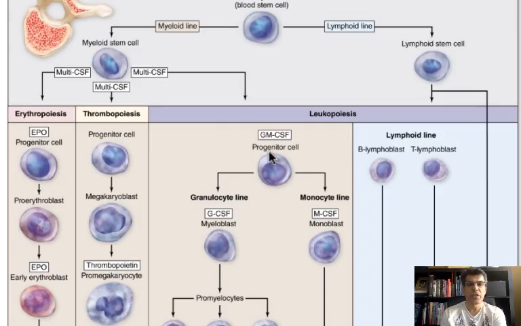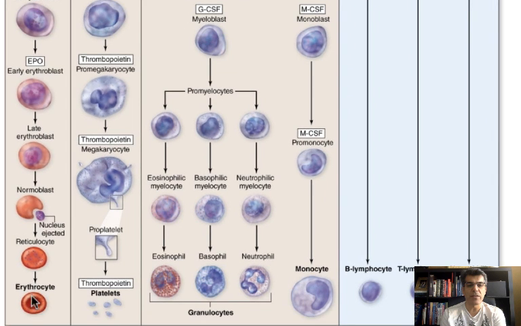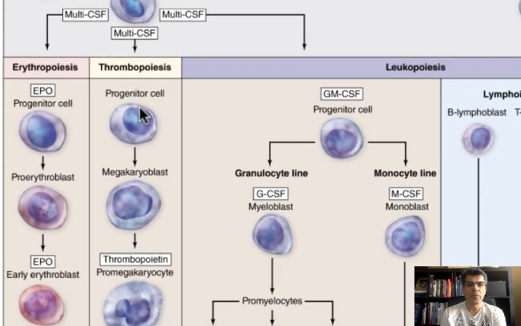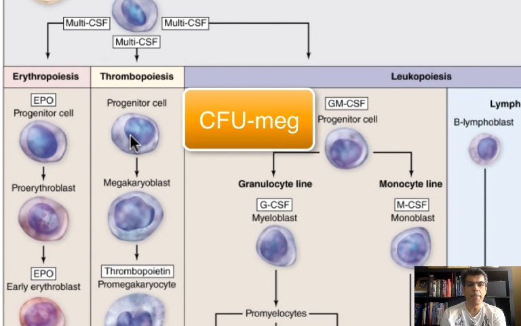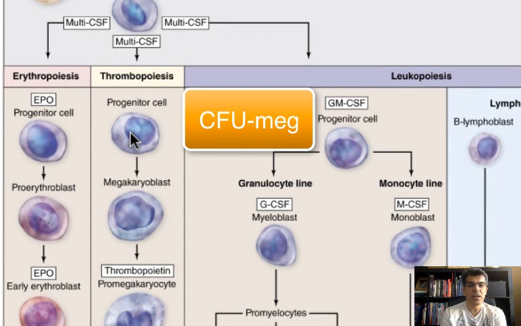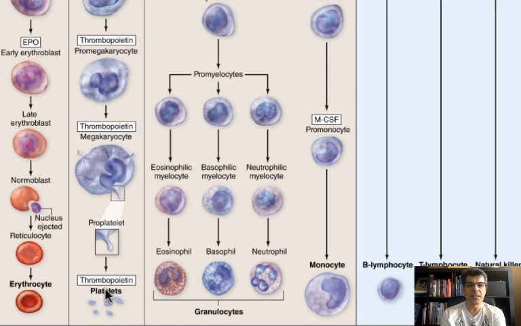The first progenitor cell is called CFU-E, which is this one. CFU stands for colony forming unit, and this progenitor at the end is going to create erythrocyte. Another progenitor is called CFU-MEG for megakaryocyte, and at the end is going to create platelet.